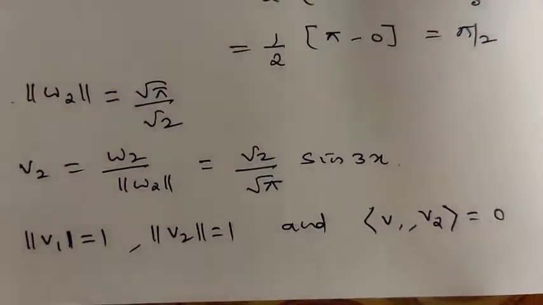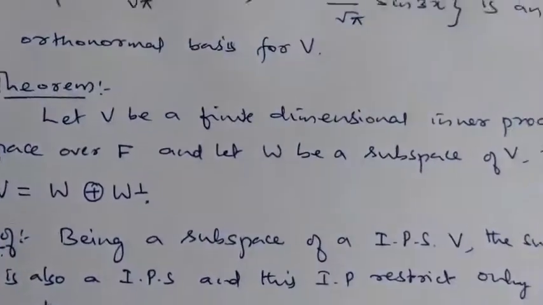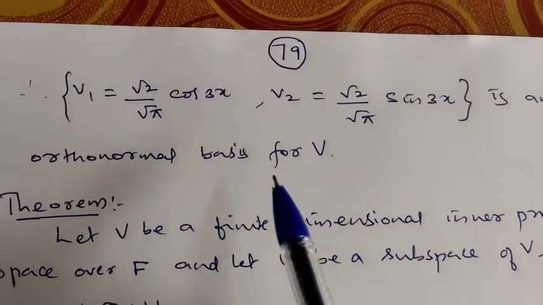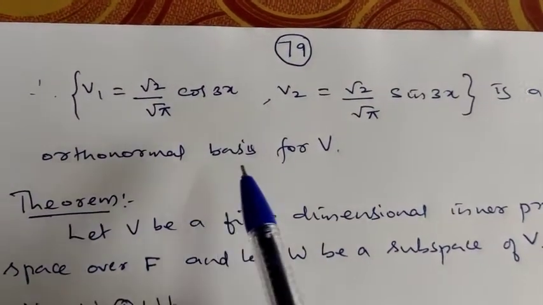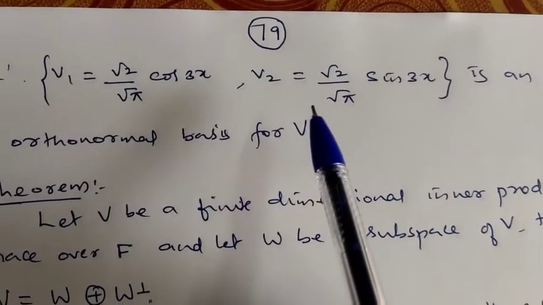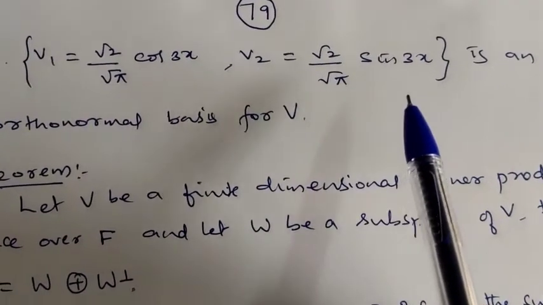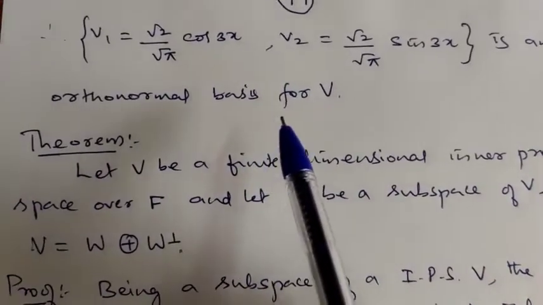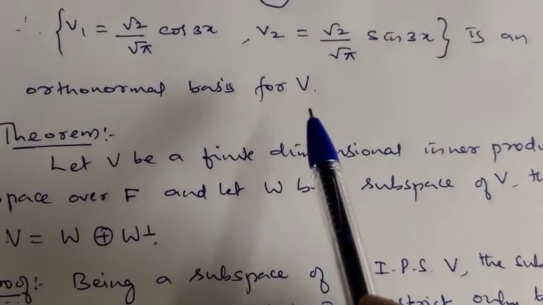Therefore the vectors V1, V2 are orthogonal and form an orthonormal basis for V. V1 is root 2 by root pi cos 3x, and V2 is root 2 by root pi sin 3x, which is an orthonormal basis for V.